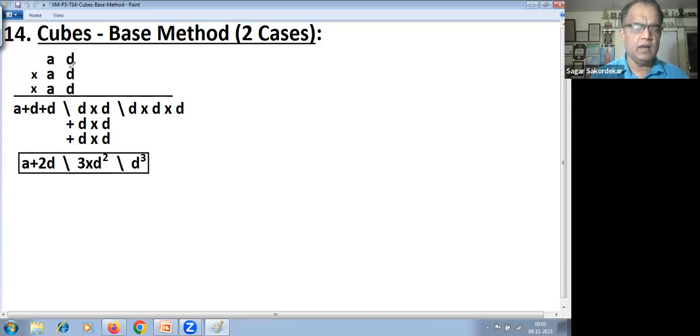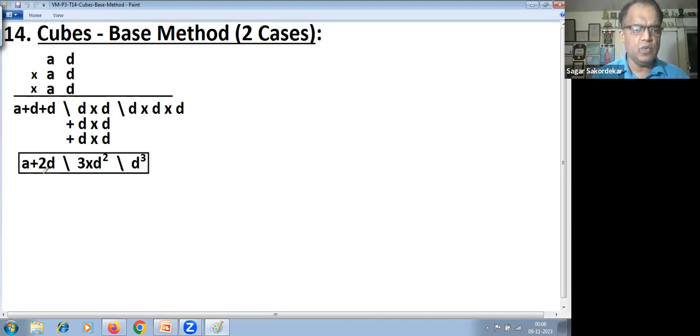So the difference is d. So a plus d, then next is d into d plus d into d plus d into d. And the third part is you are just multiplying all the three differences, the same difference d into d into d. So that we can make it a simple formula for the cube of any number which is near to the base. Base method we should use always when the number is near to the base.